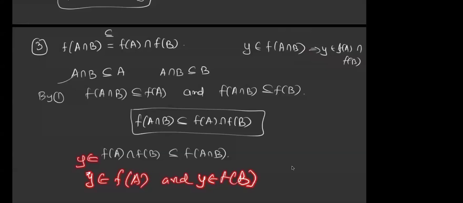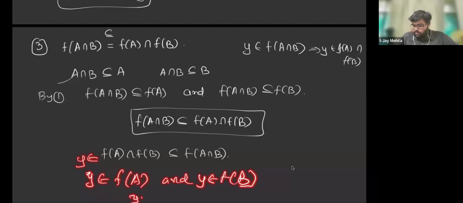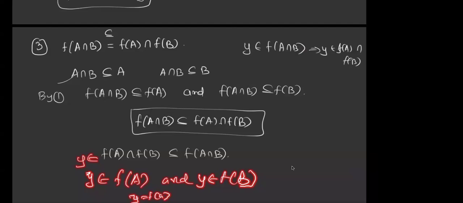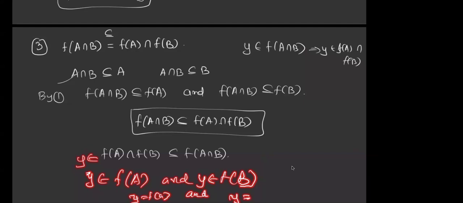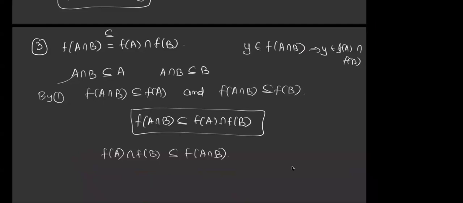Yeah. Then there exists x belongs to A such that y is equal to f of x. And here also there exists some x belongs to B such that y is equal to f of x. Oh, is that the same element? No, wait.